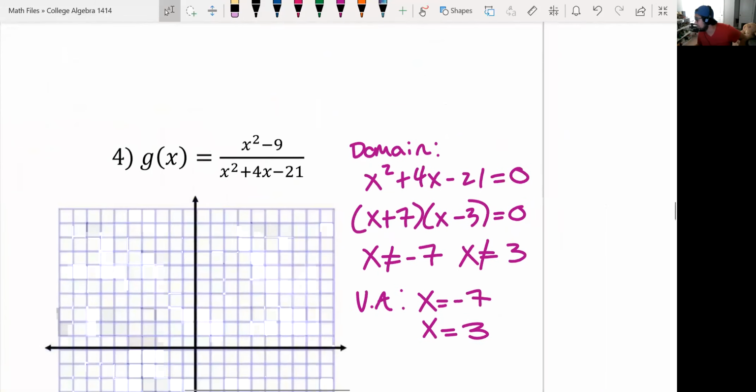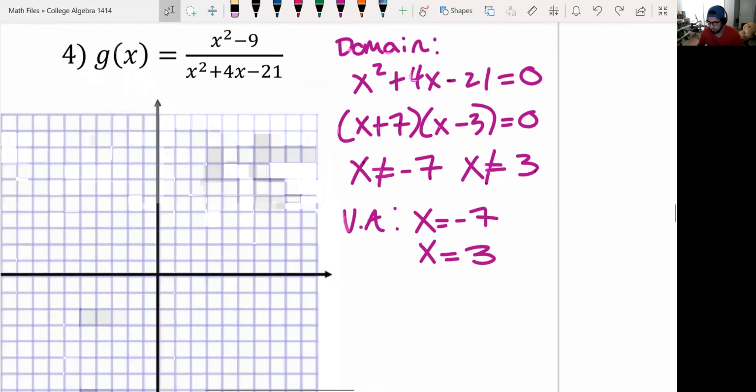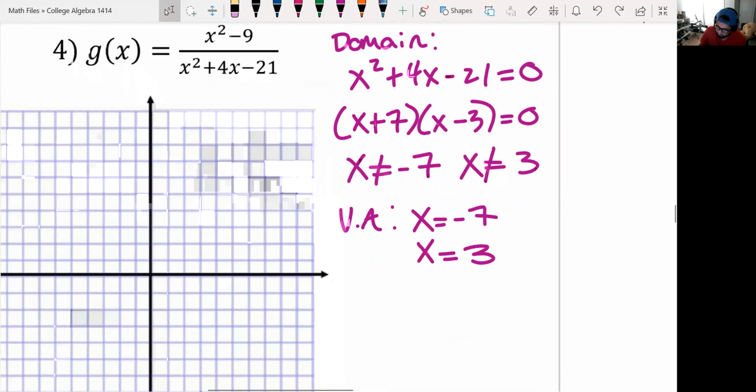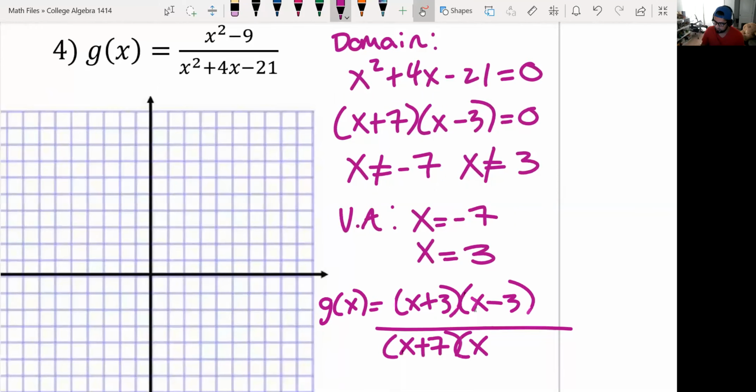But I know you're more clever than that, right? Because I told you to notice things. And you probably were like, hey, that numerator is factorable. Let's see what happens when we factor it. So we'll do that down here. If you factor that, our function g of x becomes x plus 3 times x minus 3 over x plus 7 times x minus 3.